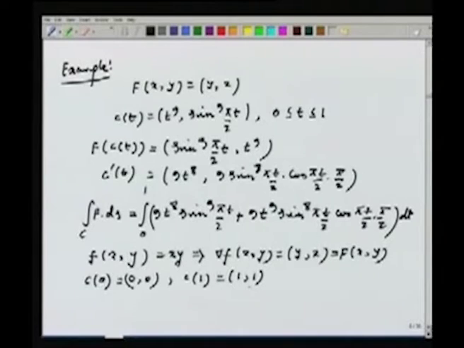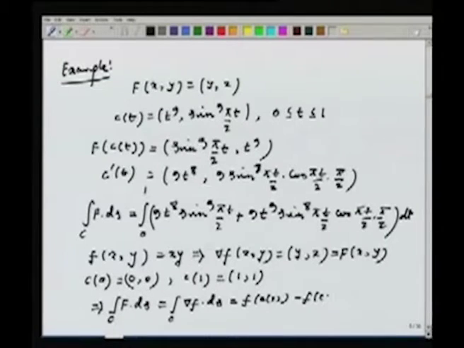So by the previous formula, it turns out that the integral over C of F dot ds is nothing but the integral over C of grad f dot ds. That means it is f(C(1)) minus f(C(0)), which then is f(1,1) minus f(0,0).